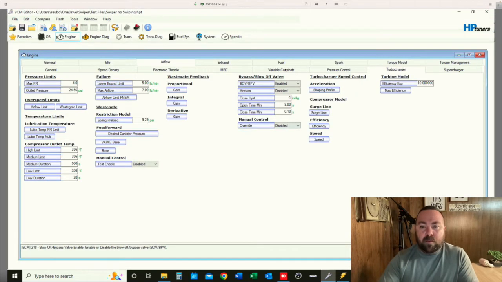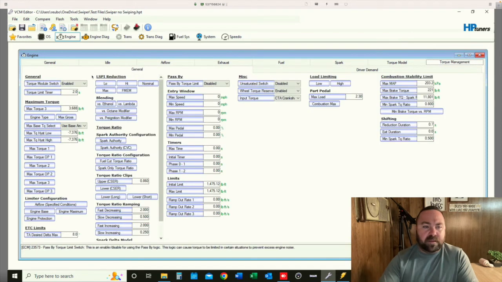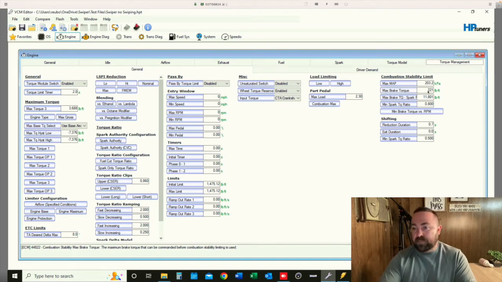So when you see popcorn, you can interpret that over here to these tables and this table here. Combustion stability limit triggers when you pass 203.2 kPa on the MAP, or the engine's producing this much torque right here or higher.